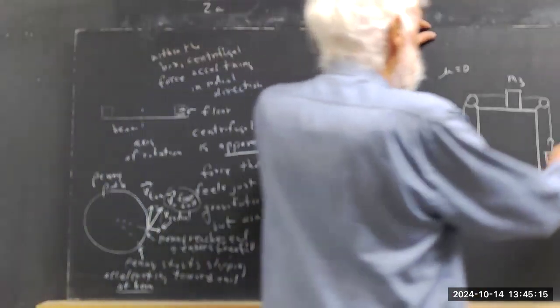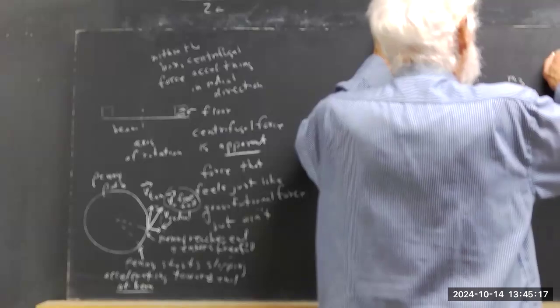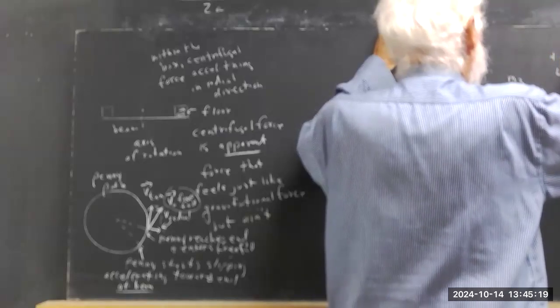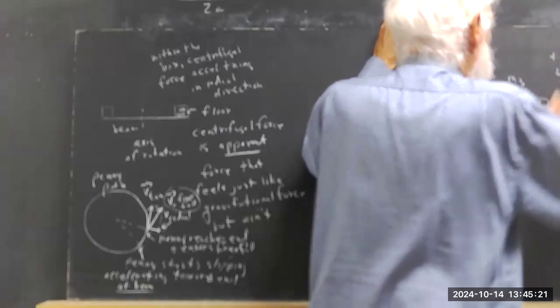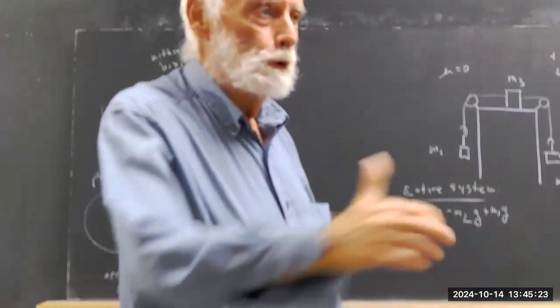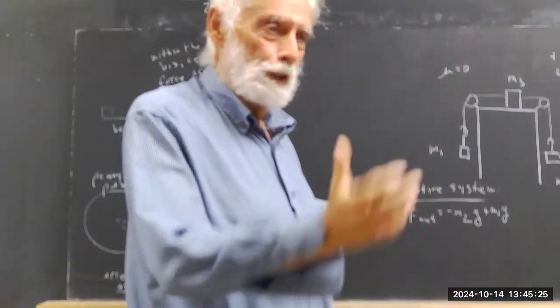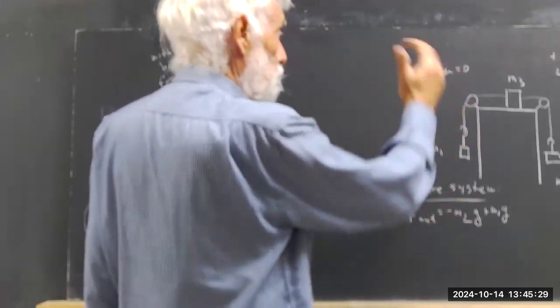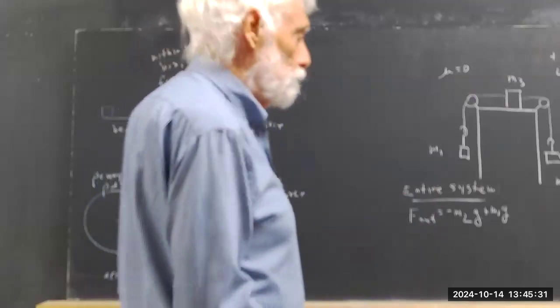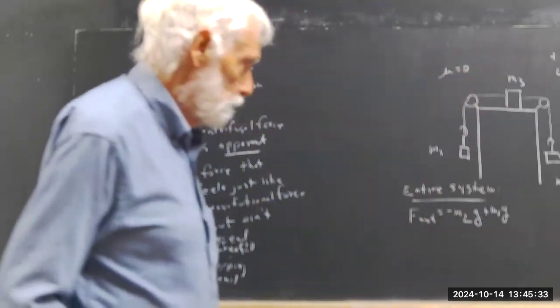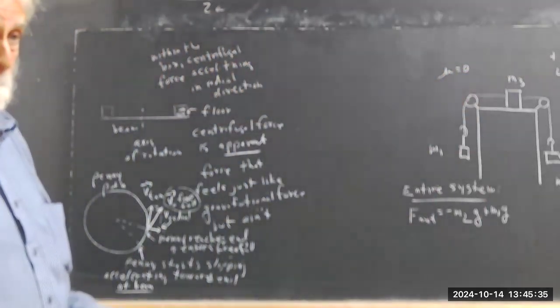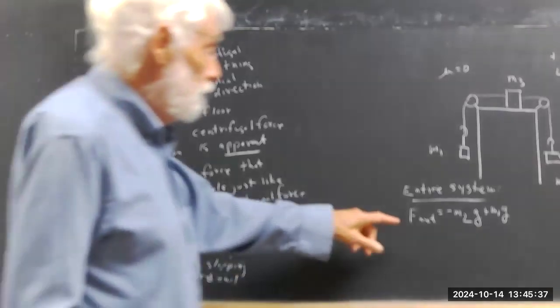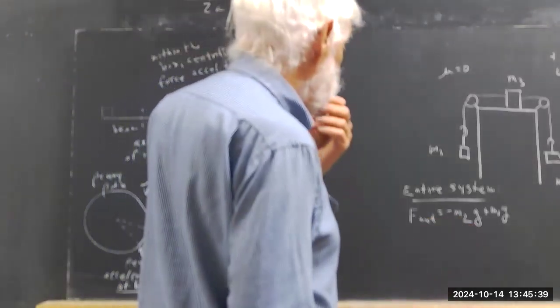It's always this way. And your right-hand rule with torques is only going to work if you know that's the positive direction. That's the direction your right hand would have to go in to rotate in this direction. That's going to be very important. Okay, so anyhow, here's net force.